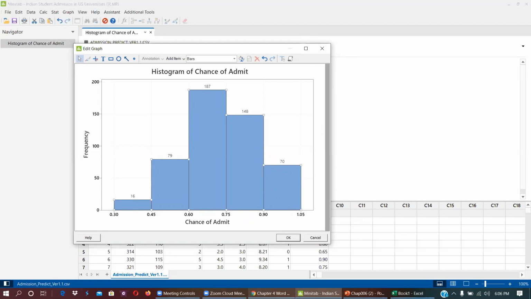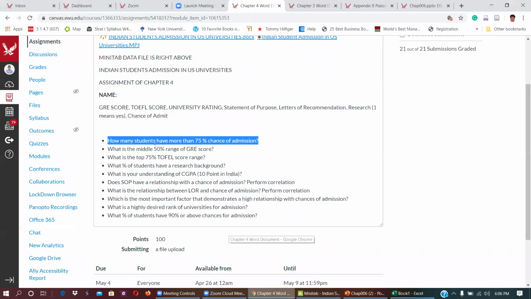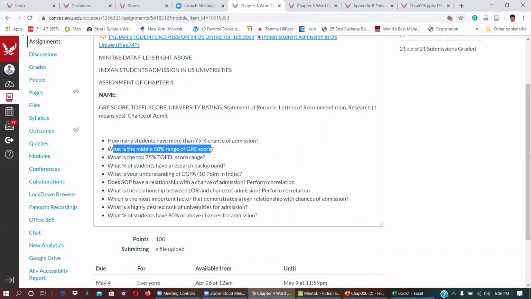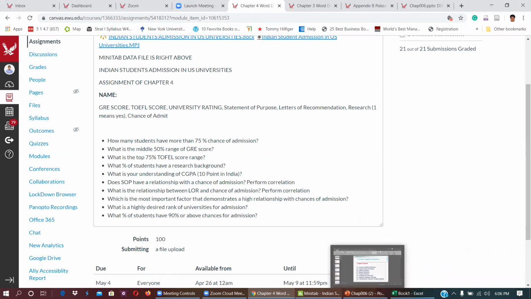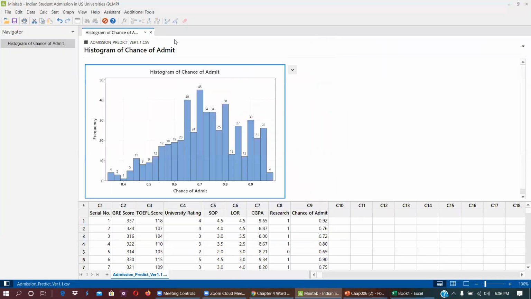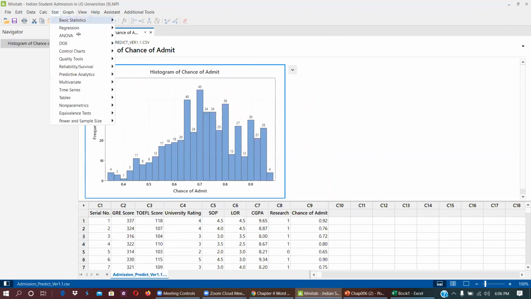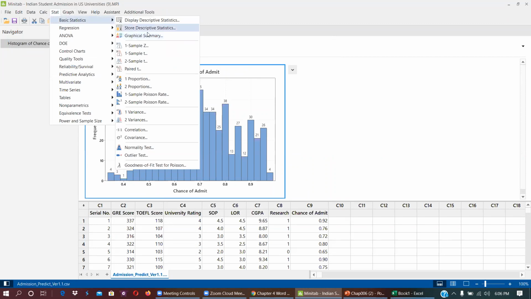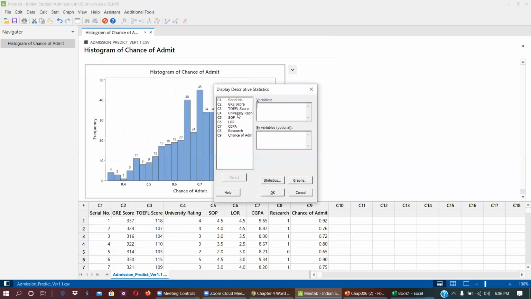Okay, now let me go on the second question. Very easy. What is the middle 50% GRE range? Okay. What is the top 75% of a range? So let me go again. Basic statistics, descriptive.